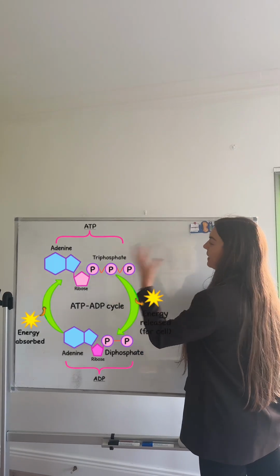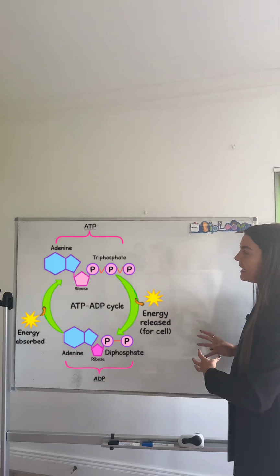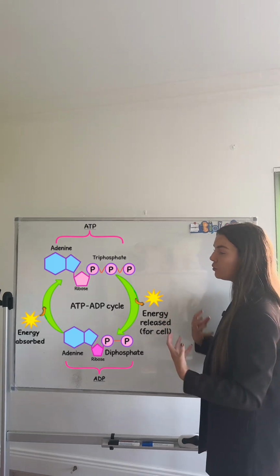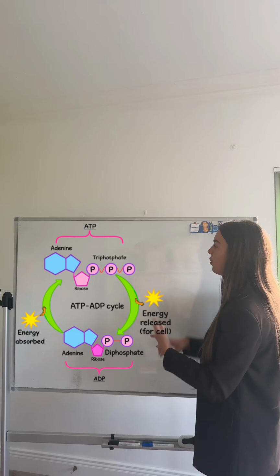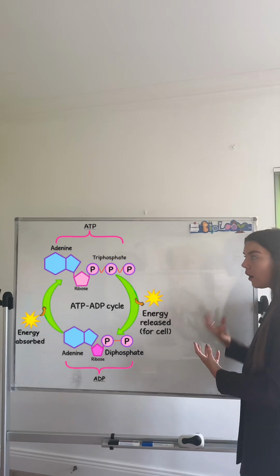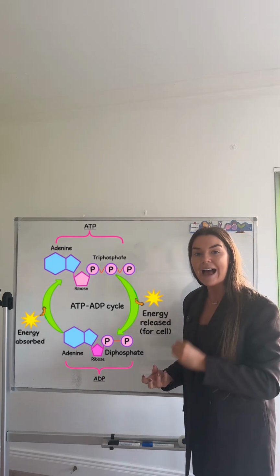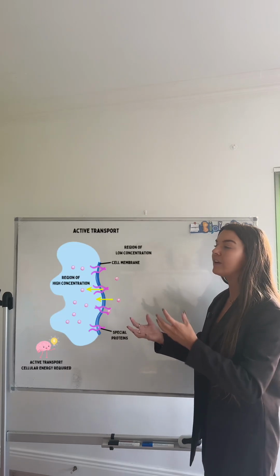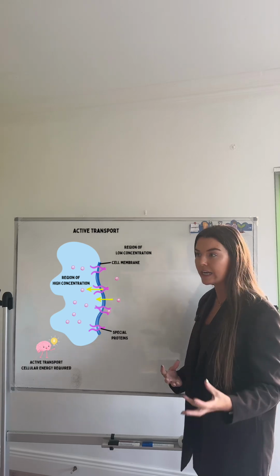So when ATP breaks down back to ADP and loses that phosphate, energy is supplied to the cell of a plant or to an organism like a human. Other processes that require this energy would be the likes of active transport. Remember, in active transport, molecules are moving against the concentration gradient.